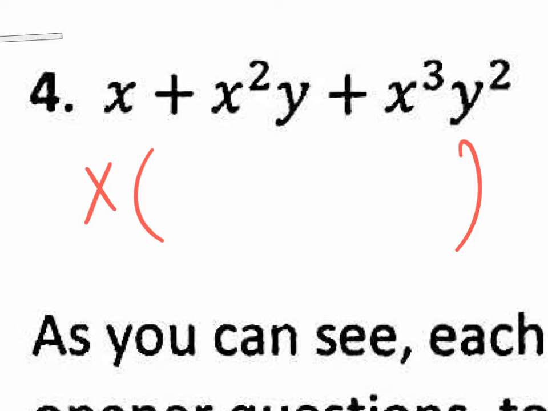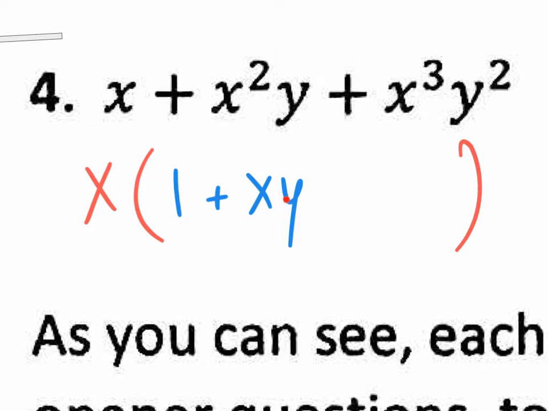Again, the only thing you could pull out is what's in common in all of the terms. Has to be every single term that you pull out, okay? So if I did pull out an x from the first term, what's going to be left? In other words, x times what gives us a first term x? There you go, positive 1, right? Now, how about this? x times what gives us a second term x squared y? Plus xy, right?